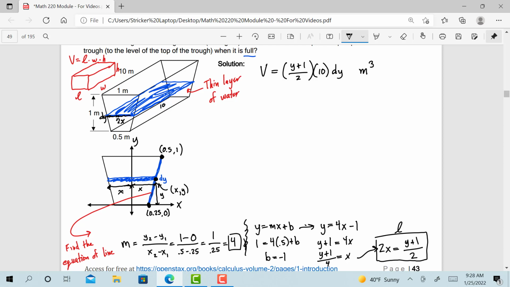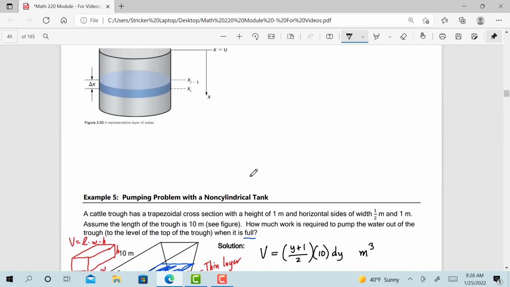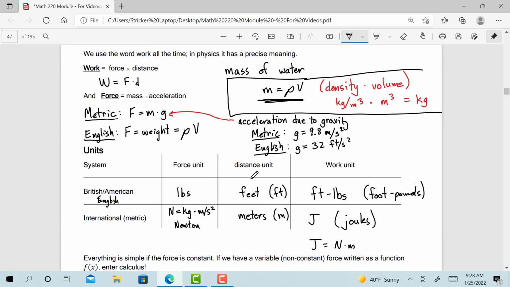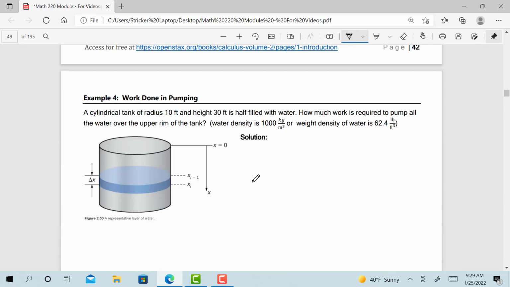So, let's go back and look at the first page of your notes and remember what our formula is for finding work. So, remember, when we're in the metric system, well, just in general, work equals force times distance, but the force is going to come from the mass times the gravity. Remember, g is 9.8 meters per second, and then the mass, we're going to use density times the volume to get the mass. So let's go ahead and write that back in our problem.